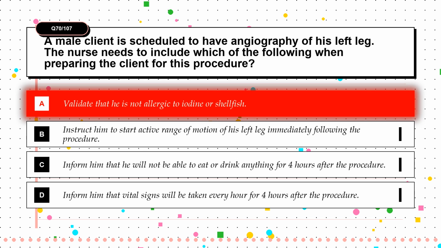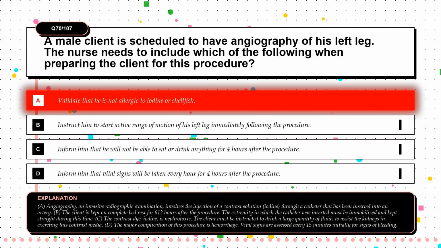The correct answer is option A. Validate that he is not allergic to iodine or shellfish. A. Angiography, an invasive radiographic examination, involves the injection of a contrast solution, iodine, through a catheter that has been inserted into an artery. B. The client is kept on complete bed rest for 6 to 12 hours after the procedure.